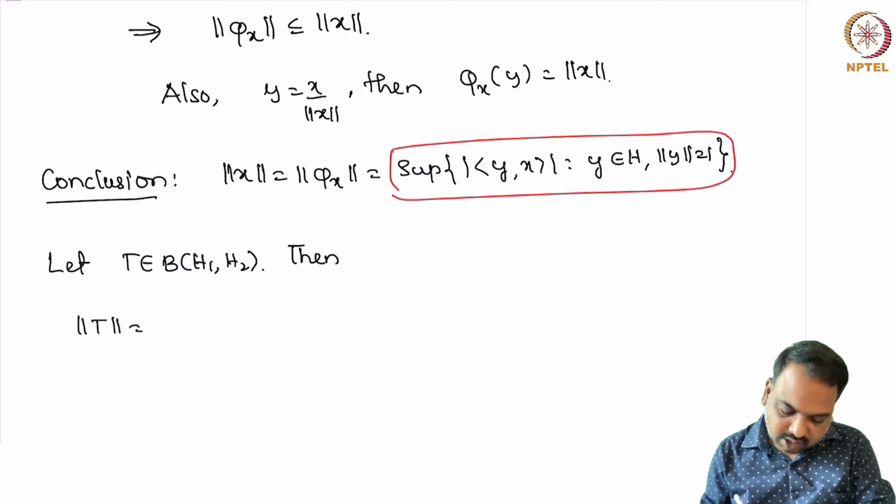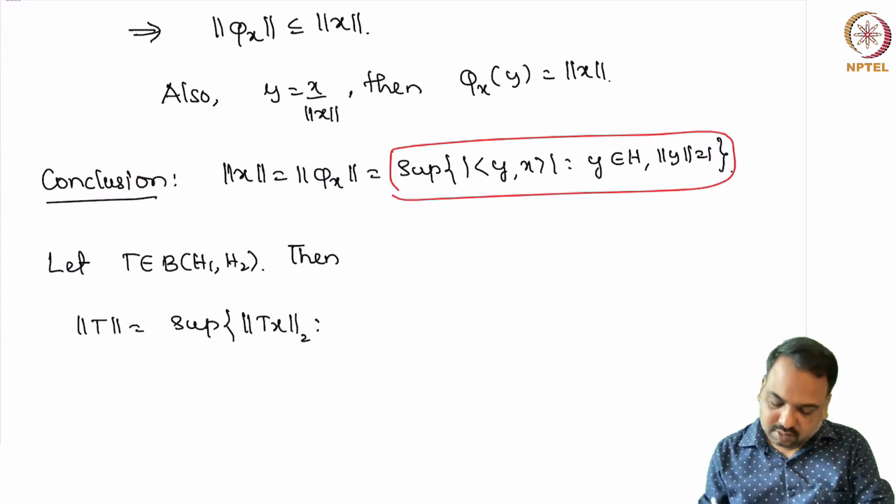So the norm of T is the supremum of the norm of Tx in the second Hilbert space, where x is in H1 with norm x equal to 1.